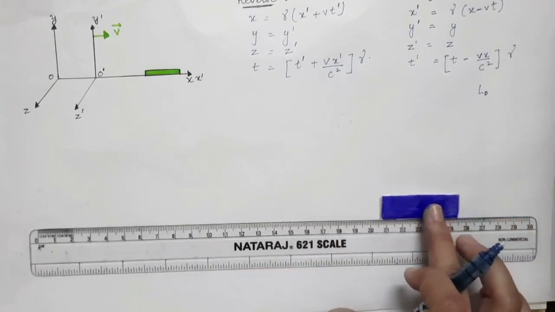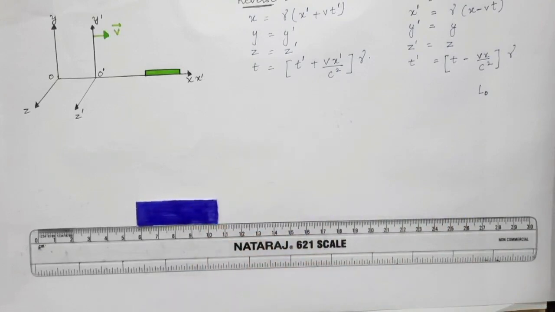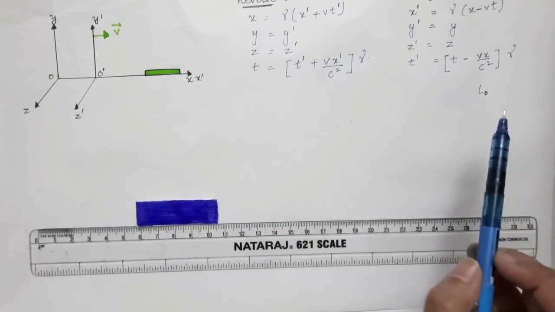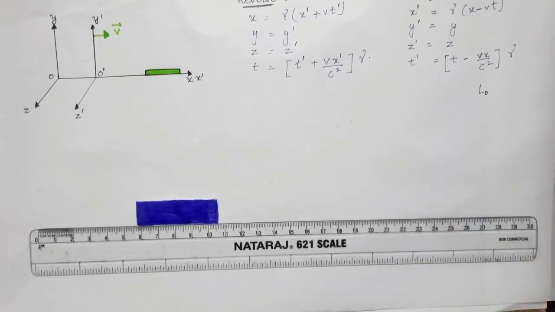This is when the velocity is very small as compared to the speed of light. When the velocity of the object is very much less than the speed of light, there is no observable change, so you cannot observe the difference in the length.